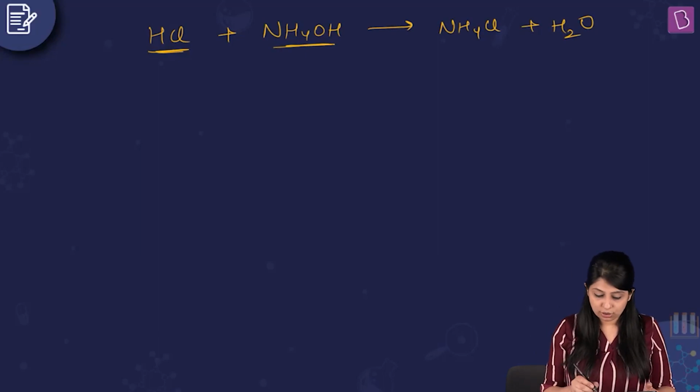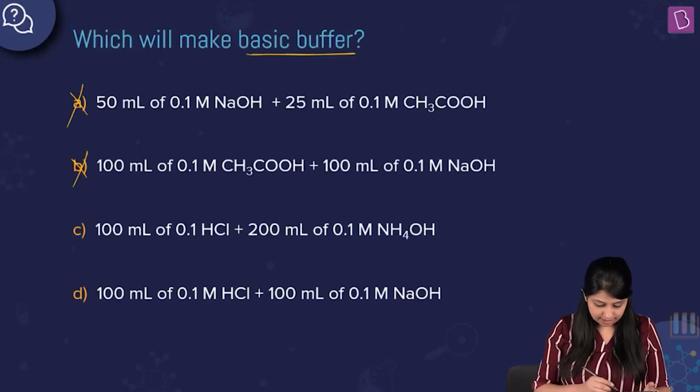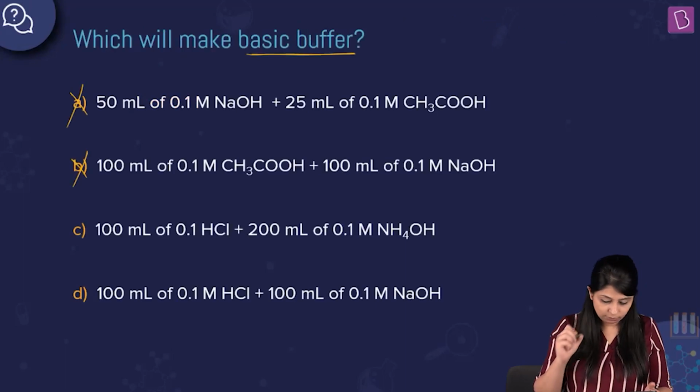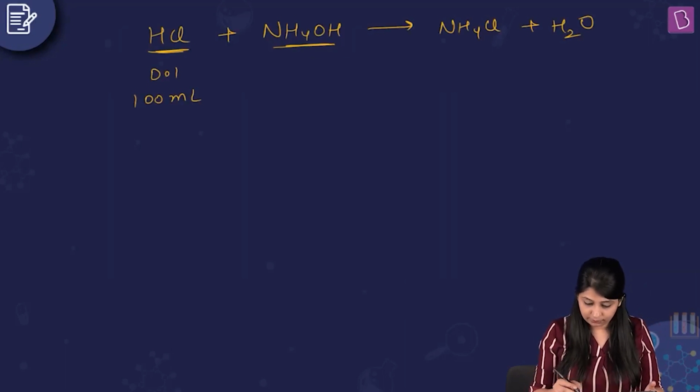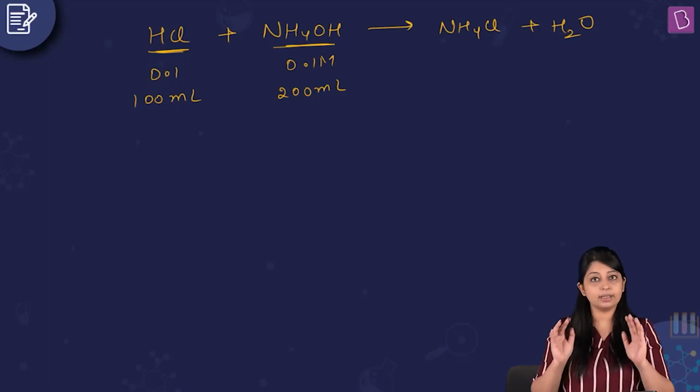Okay, so how much HCl, what molarity and volume, is given to us? It's 0.1 molar and 100 ml. And what is the molarity and volume of NH4OH given to us? That is 0.1 molar, 200 ml. Okay, so they are also reacting in a 1:1 ratio.